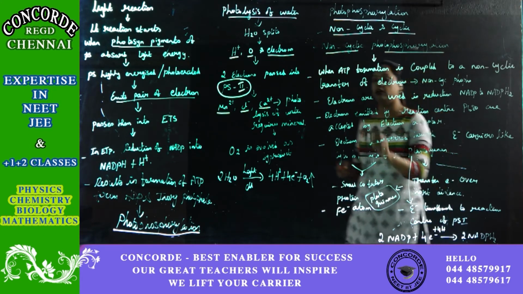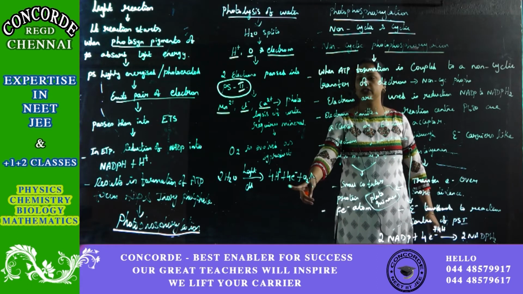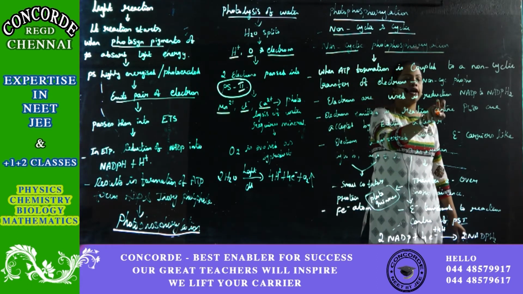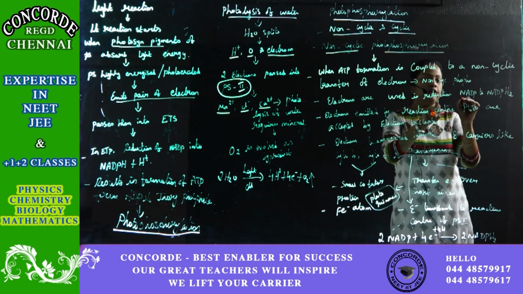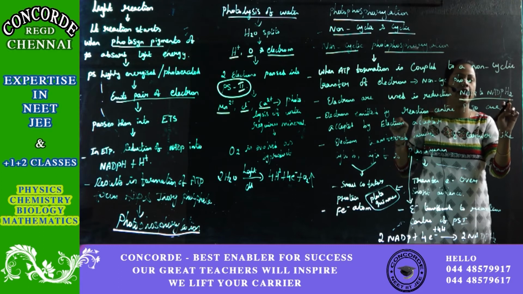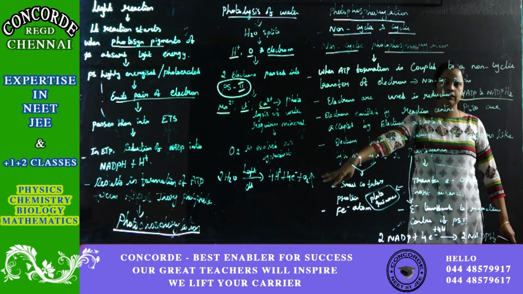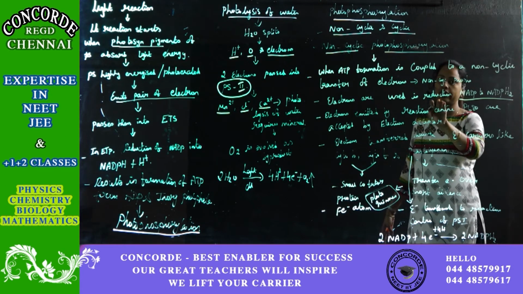The electrons produced here will be used in reduction, where NADP is reduced to NADPH2. Once the electron is produced in the photolysis of water, it comes for the reduction.